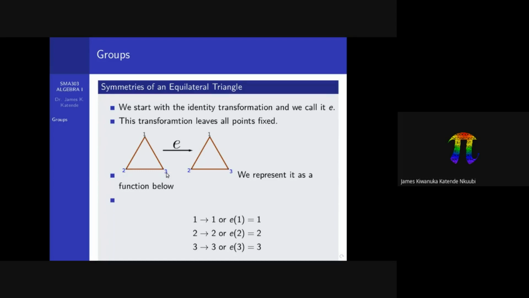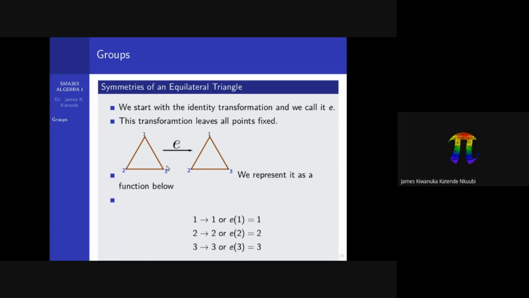So all the transformations are going to be done on this triangle. The identity transformation means you do nothing to the triangle. So every single point remains exactly where it was initially. It looks exactly the same as the initial triangle, so you will not notice that it has moved if you do nothing.